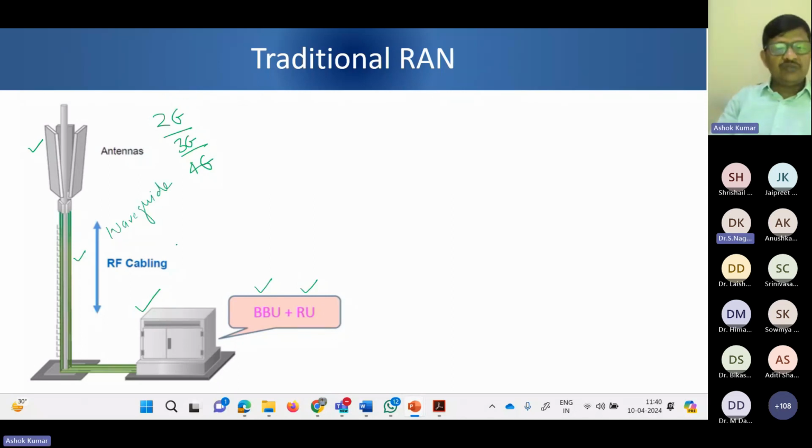So this was the traditional RAN. Later on, if you use a waveguide, there will generally be a loss, and the average loss may be at the level of 2 dB.